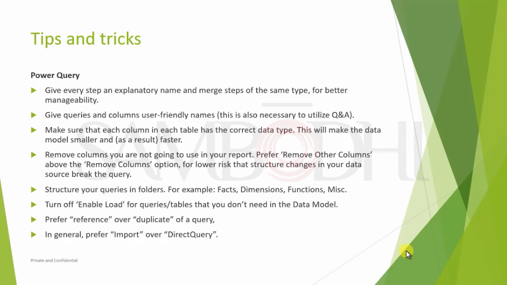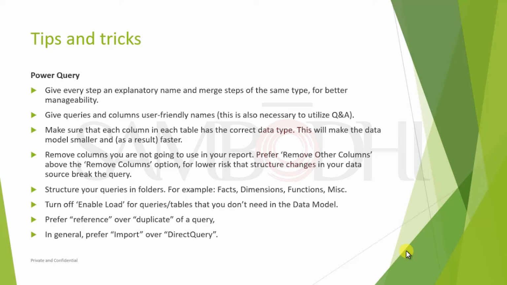As we saw in our earlier demos and learning sessions, reference means you point to the same query, whereas duplicate means there are two versions of the same query. Therefore, it would be difficult for a designer or developer to have consistent updates across both the queries, and you would also lose track. So the better way of doing things would be reference over duplicate.